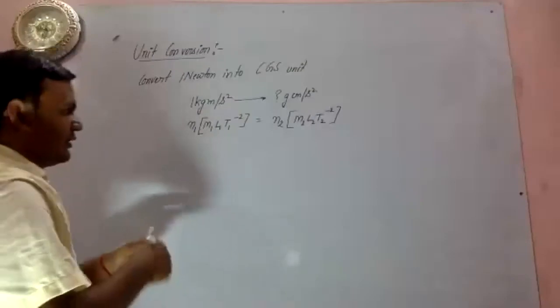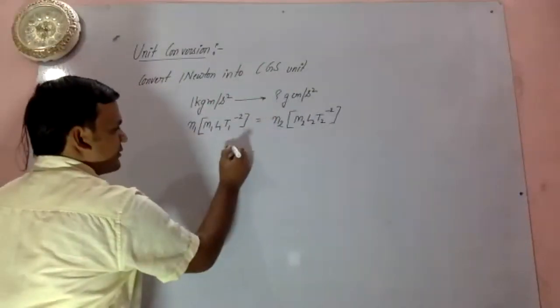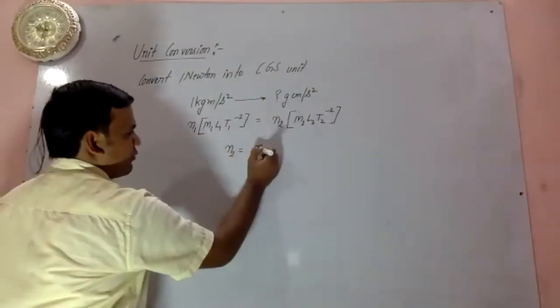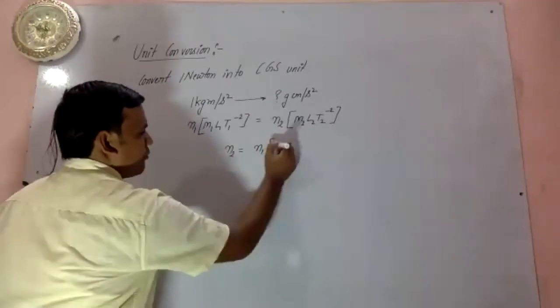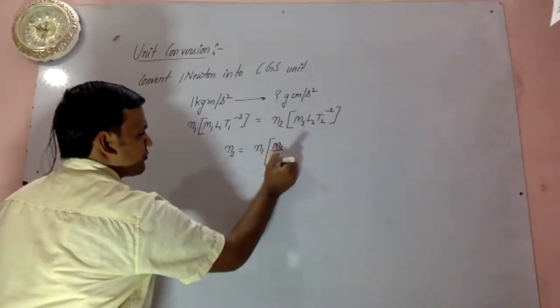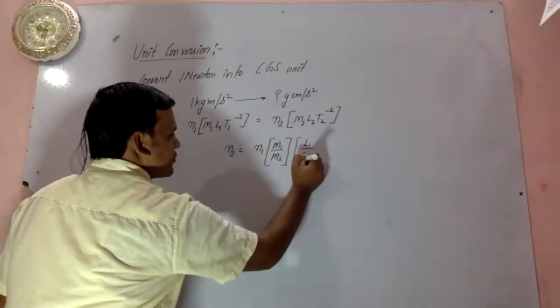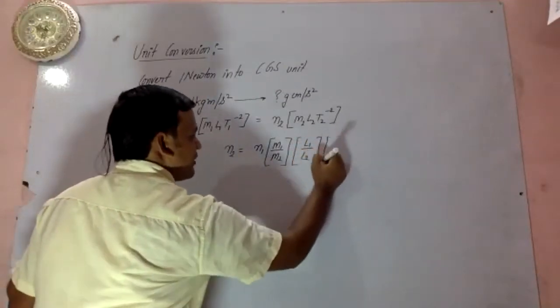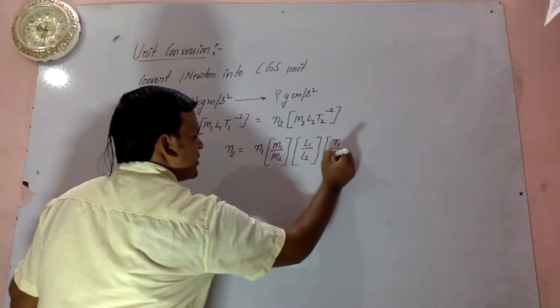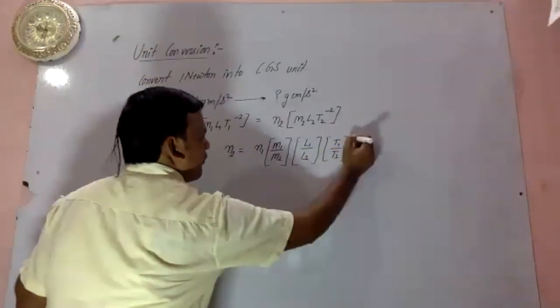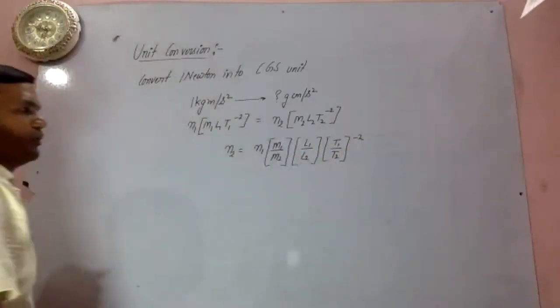Means this N2 can be written as N1, M1 by M2, and this will be L1 by L2, and this will be T1 by T2 to the power minus 2.